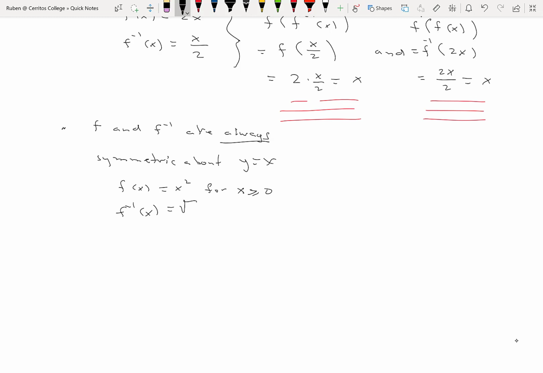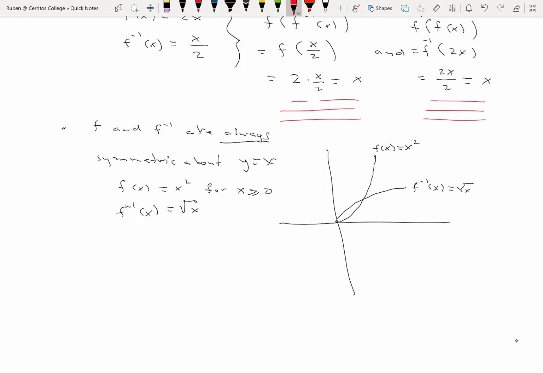We spent about 15-20 minutes talking about it. Graph both on the same set of axes. f of x equals x squared. f inverse of x equals the square root of x.